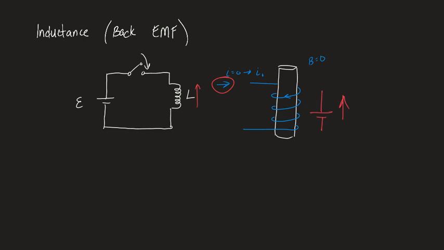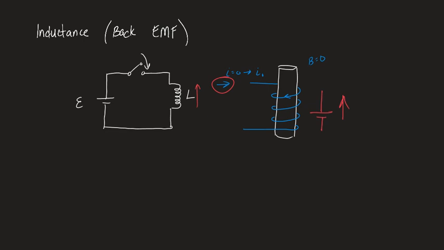I use my little curl rule, and that suggests that a magnetic field in this direction is trying to be established. That's what it's trying to establish, a magnetic field in that direction.